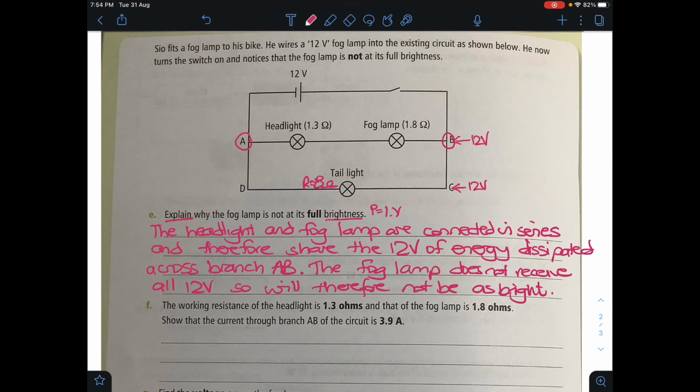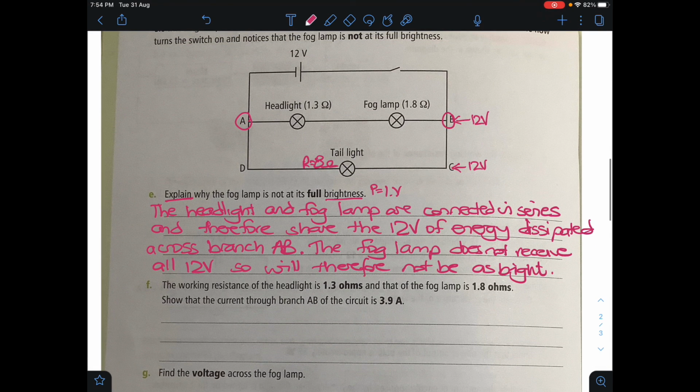Okay, where did we get to? Part F. The working resistance of the headlight is 1.3 ohms and that of the fog lamp is 1.8 ohms. Show that the current through branch AB of the circuit is 3.9 amps. So we know the voltage through AB is 12. The resistance of AB is 1.3 plus 1.8 because they're in series, so that's 3.1 ohms.